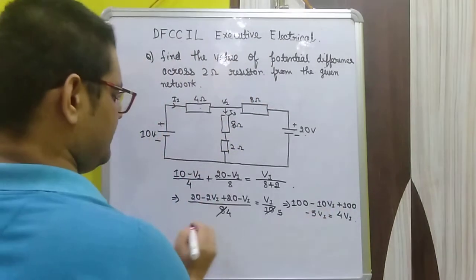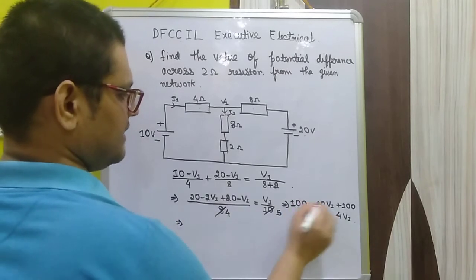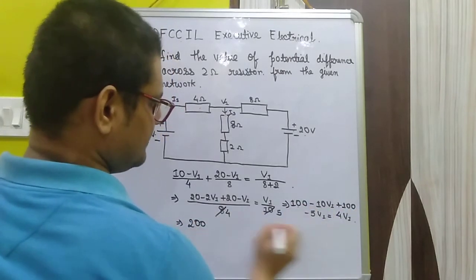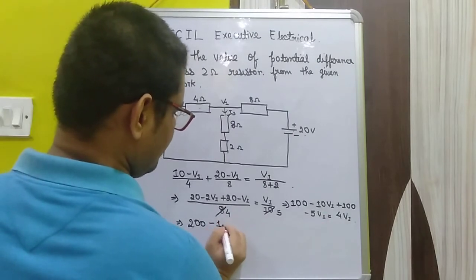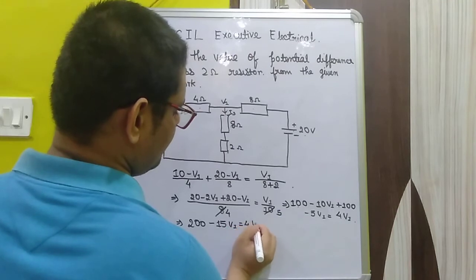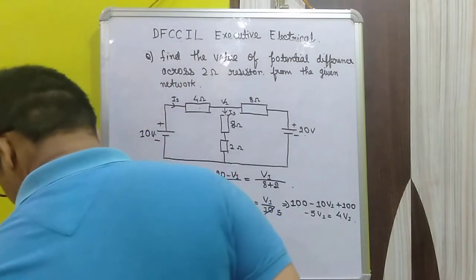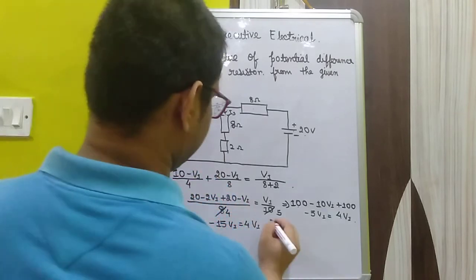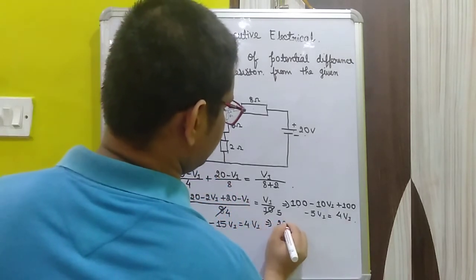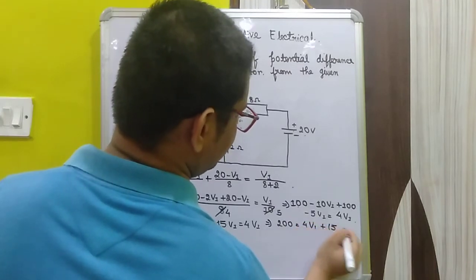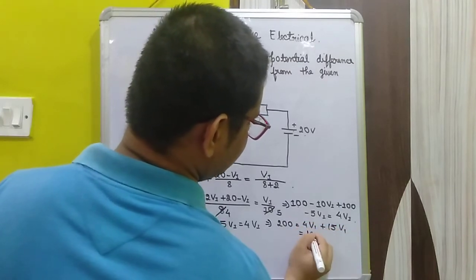So we solve numerically: 100 plus 100 is 200, and minus 15 V1 is equal to 4 V1. So 200 is equal to 4 V1 plus 15 V1, which is 19 V1.